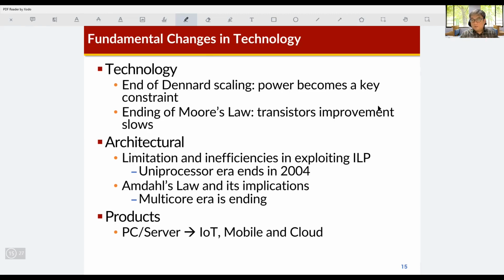If the channel length is reduced by n times, the size becomes 1 over n. Actually, the area of the transistor is two-dimensional, so the area is reduced by 1 over n squared.